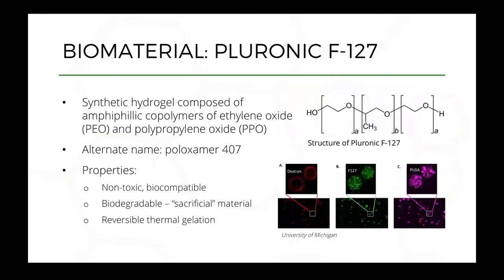So today, we will use a material called pluronic, which is a synthetic material made out of two polymers, PEO and PPO. Pluronic is often thought of as a sacrificial material because it has a very unique thermoreversible property in that, at low temperatures, it melts away and is in a liquid state.